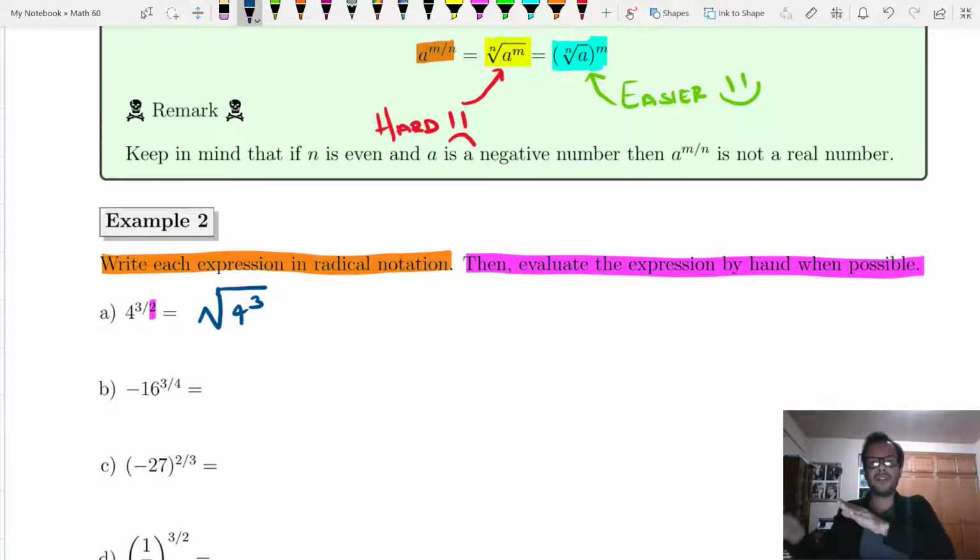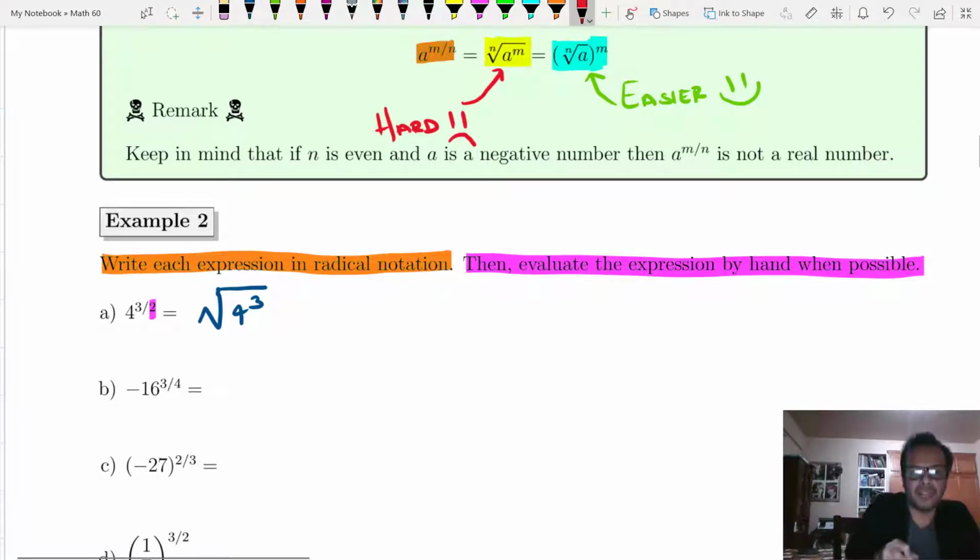As opposed to the example I showed you on the side of the paper, where I did a little bit of exaggerated big number just to show you how bad this could be. However, in this case, we are going to raise 4 to the third power. That's going to give us a 64. But in that case, it's not that hard to take the square root. However, let's call this the hard guy.